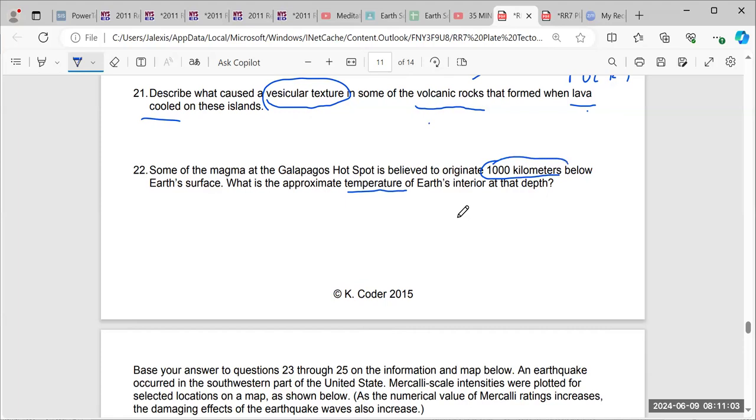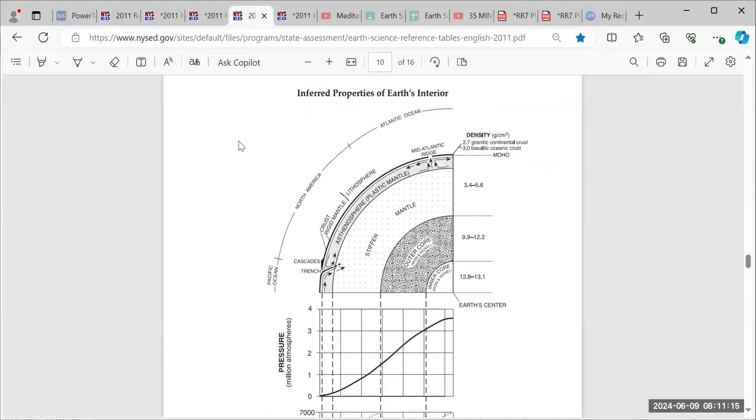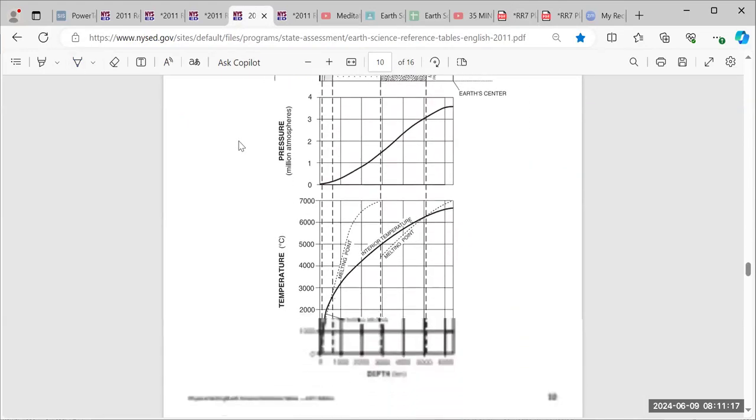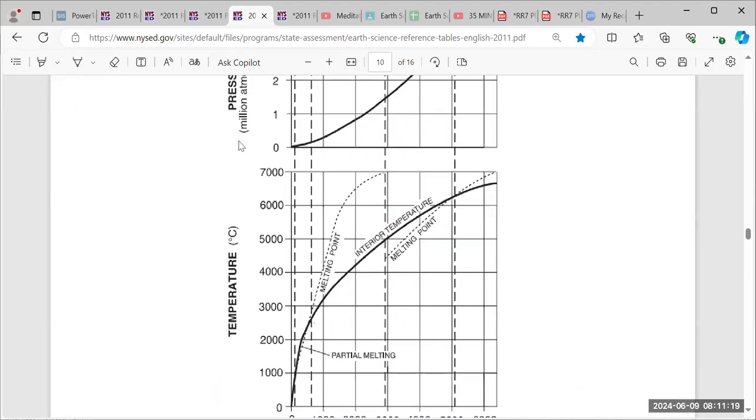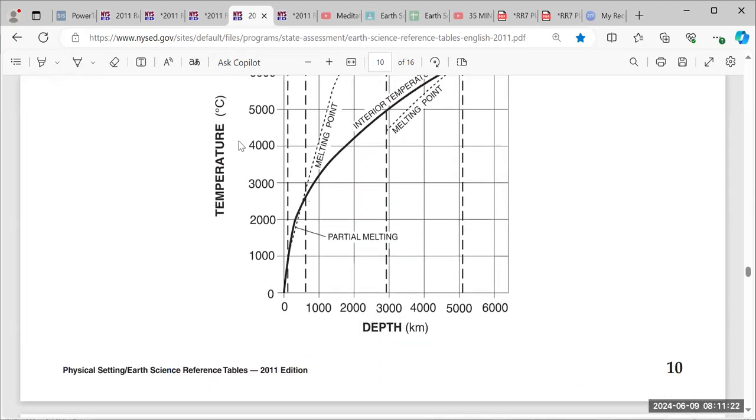So we're looking for the Earth's interior temperature at this depth of 1,000 kilometers. What page am I looking at? I'm going to look at page 10 of the reference tables, and I'm going to go to where my depth is 1,000 kilometers, which means it has to be on this line.